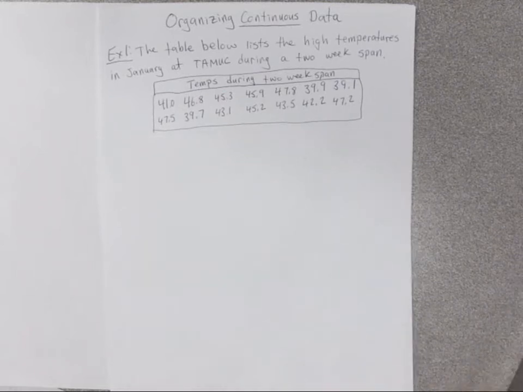So example 1 says, the table below lists the high temperatures in January at Texas A&M University Commerce during a 2-week span. So there's our table. It lists 14 different highs for 14 different days.